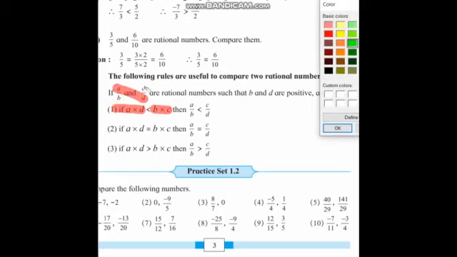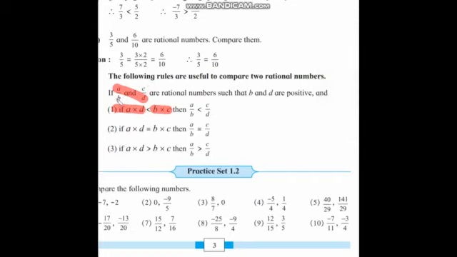If we go for this cross multiplication, and the left side multiplication is greater than the right side multiplication, then whichever side is greater, that side's rational number will be greater.